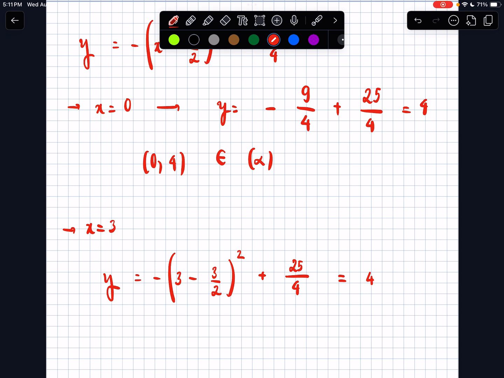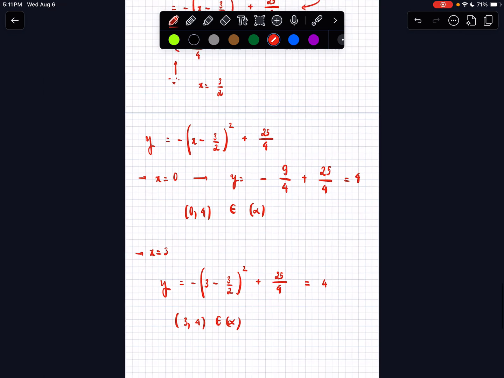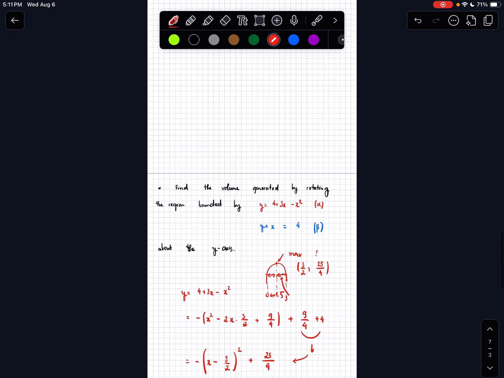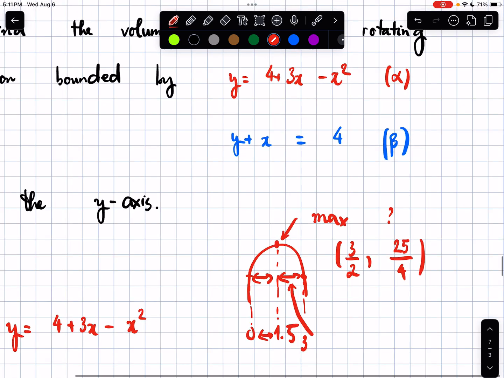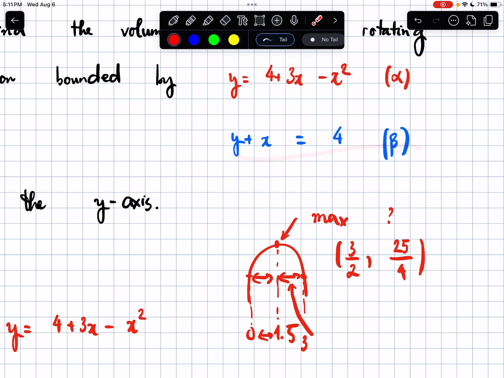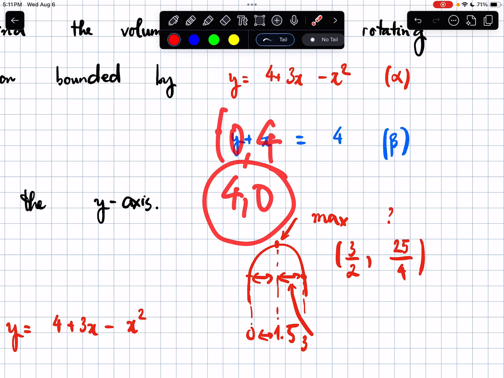So (3, 4) also belongs to alpha. So I think this is enough to graph alpha. For beta, it's just a line, so we can pick 2 points. So (0, 4) and (4, 0). Both points belong to beta.